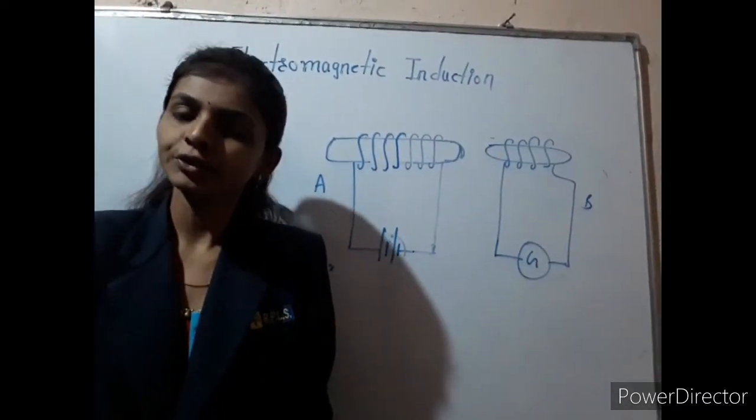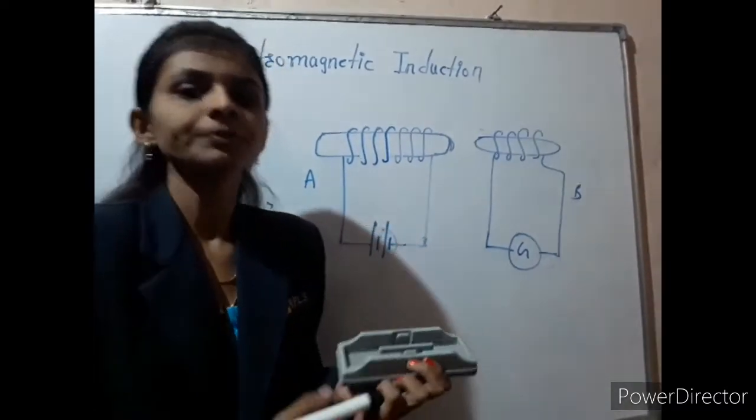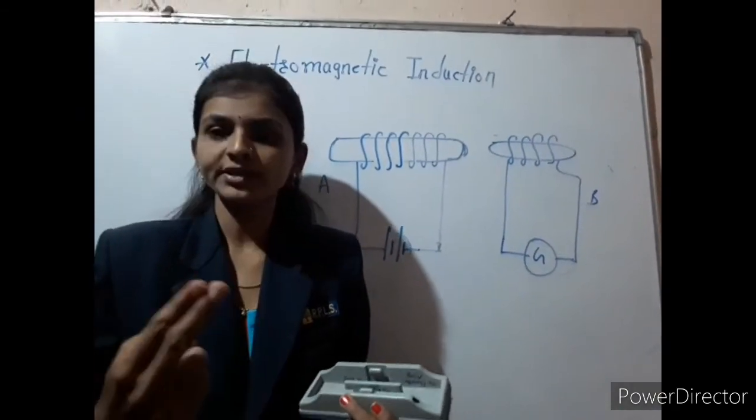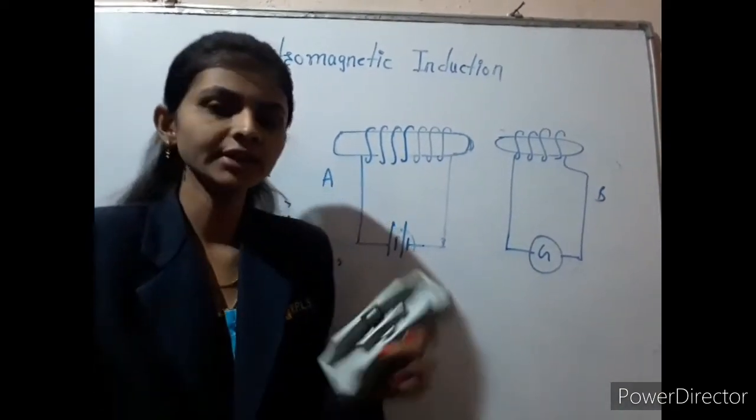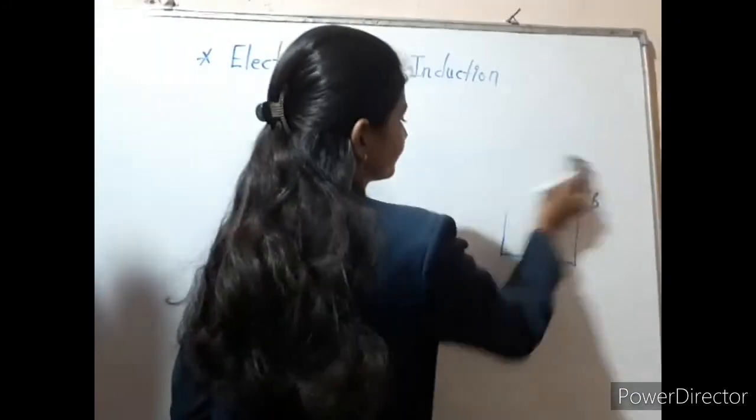This phenomenon we also use in the transformer. In the transformer also, two coils are there. One is a high voltage coil, another one is a low voltage coil.